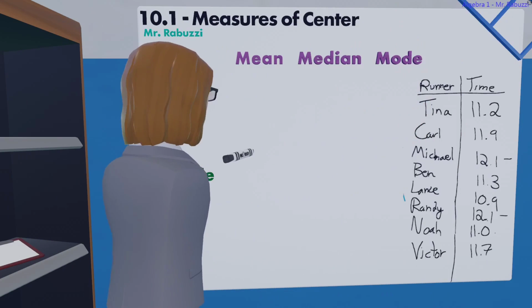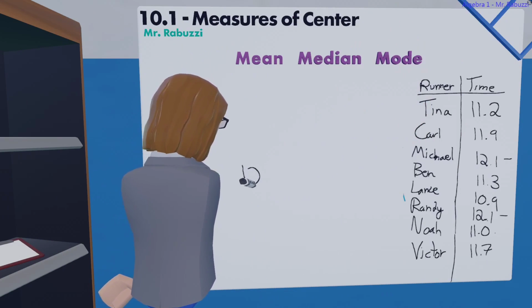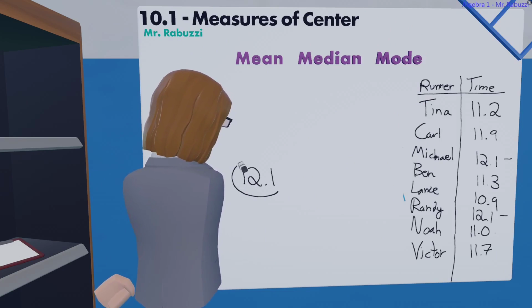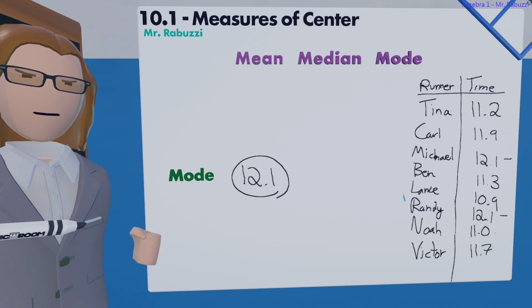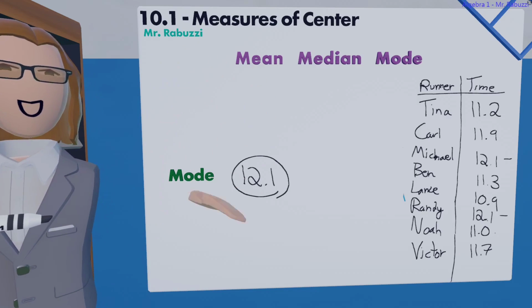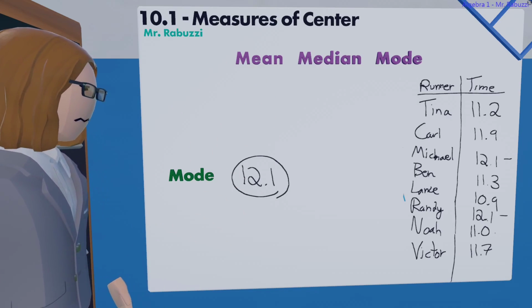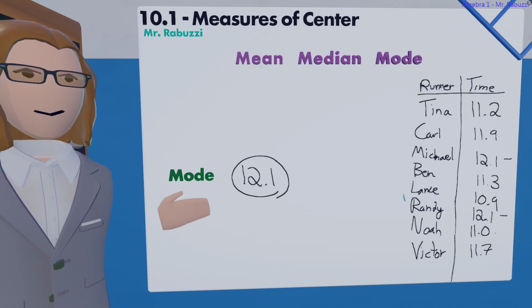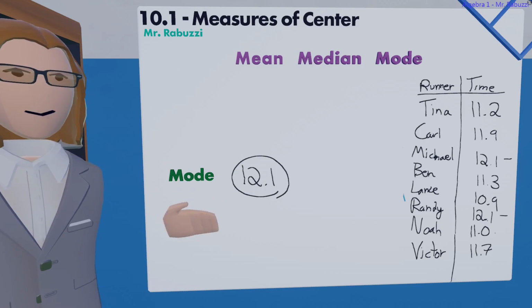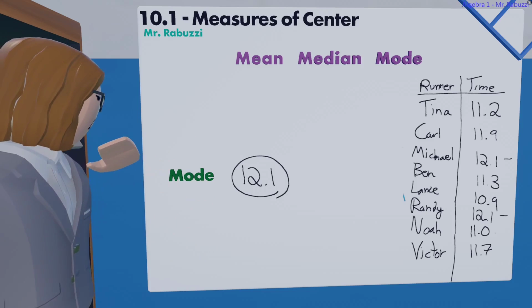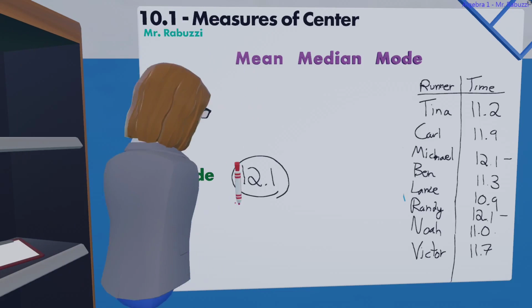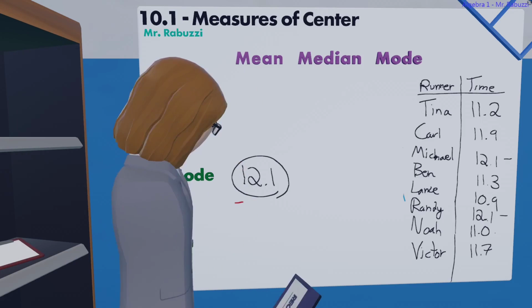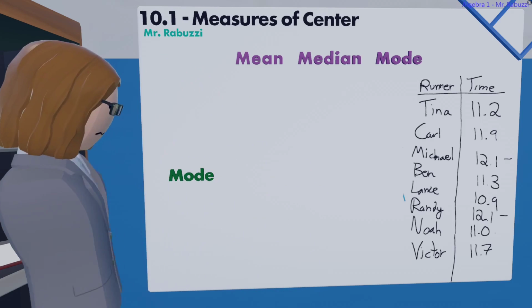So 12.1 shows up the most. So the mode is 12.1, right? Mode is pretty easy to find. You just have to look for what numbers came up the most. Remember, if they're all unique, if there's no doubles, no triples, there's not really a mode. Or the mode is all numbers because they're all the same.